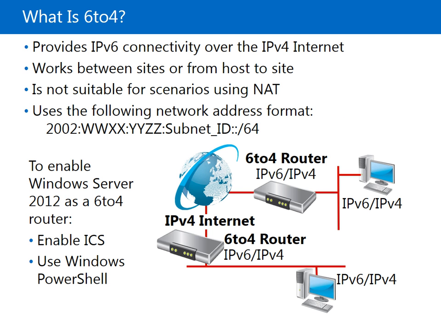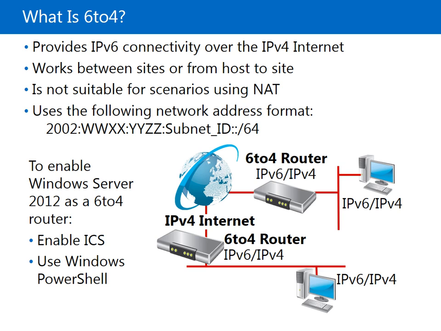So another one we talked about, or at least mentioned briefly, was 6-to-4. It's not a real stretch to see you're talking about IP6 going to IP4. This is what allows us to use IP6 in an IP4 network. Again, hosts, and the big issue here is we do not want to use 6-to-4 when we have NAT, network address translation. So in this case it's our router.